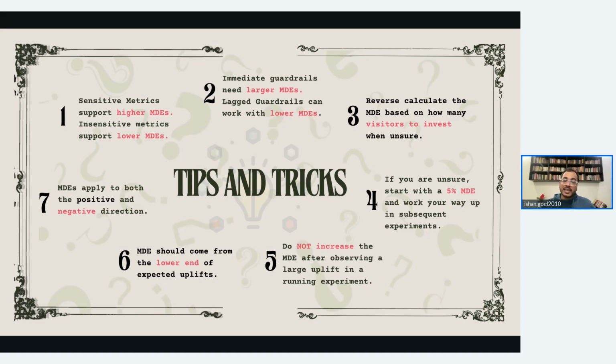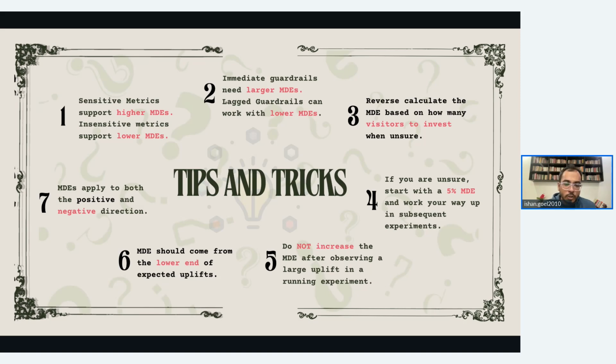And by increasing the MD early, you are ending the test early as well. So you'll be reducing the amount of evidence you have, and you might falsely start believing that the 20% uplift was true. So do not increase the MD after looking at test results. That's a very strong piece of advice.